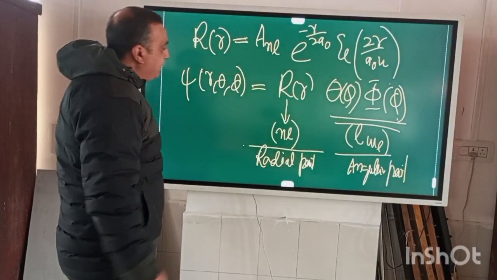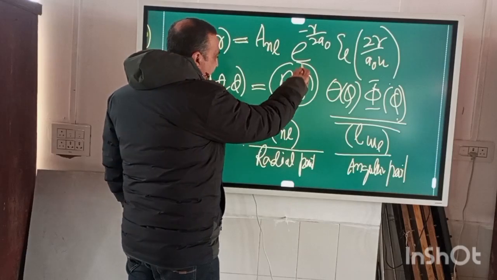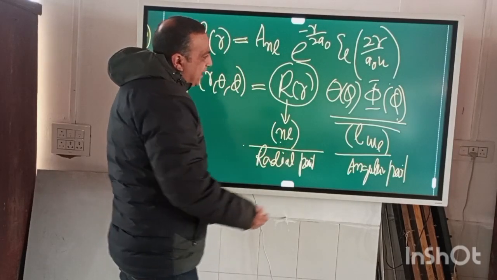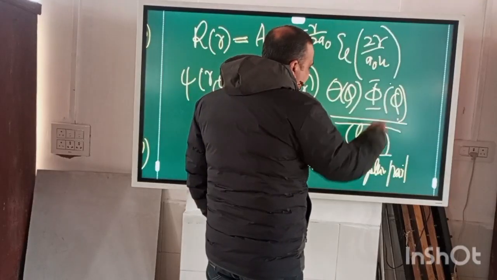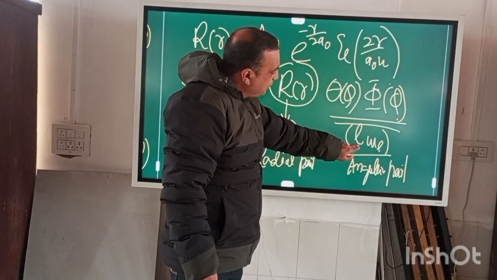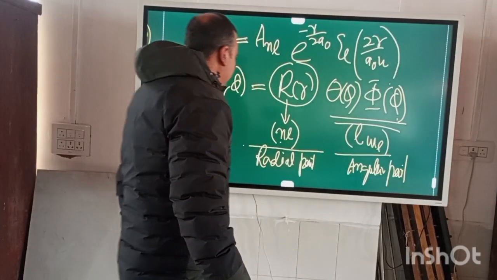You have the radial part, and the radial part gives the description of n and l. Then you have the angular part, and the angular part gives us the description of the orbital quantum number and magnetic quantum number.